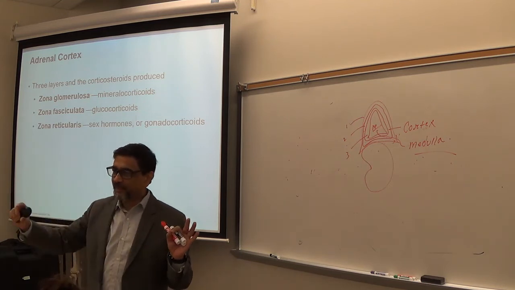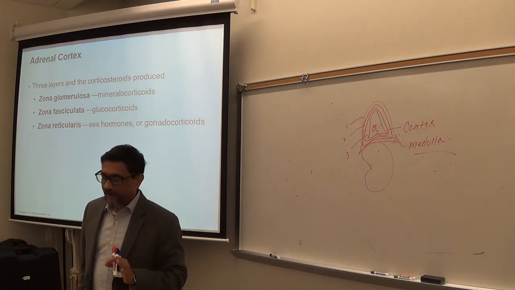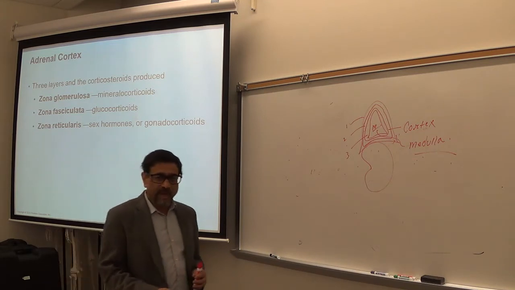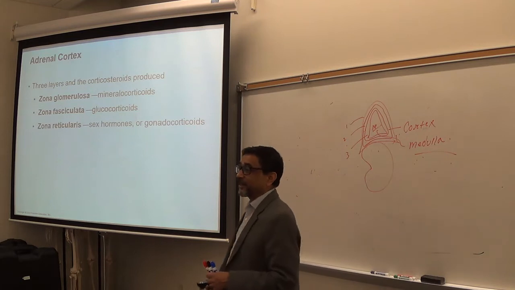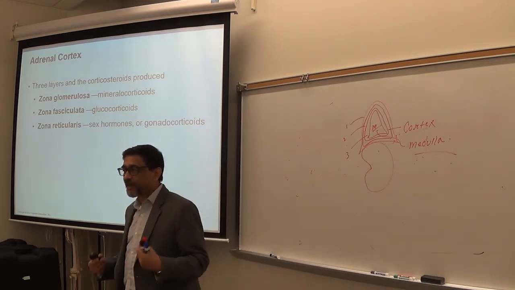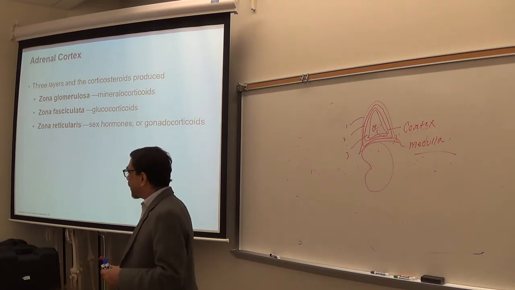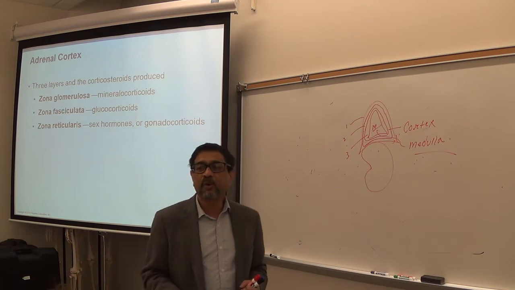So we can say adrenal cortex is three glands in one gland. Okay. One structure. Zona glomerulosa produces the mineralocorticoids that regulate the minerals in the body. That's why called mineralocorticoids. Zona fasciculata produces glucocorticoids.